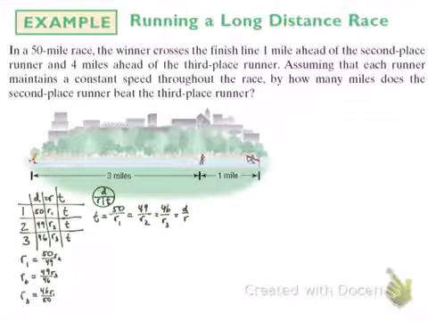So this is everything that we know. And what we're trying to find out is how many miles the second place runner beats the third place runner. The best way is not to do that directly, but to figure it out using other information. So if I go back to the distance, rate, time, that second runner ran 50 miles, and they're still going the same rate, R2, but they are now at a different time, T2.